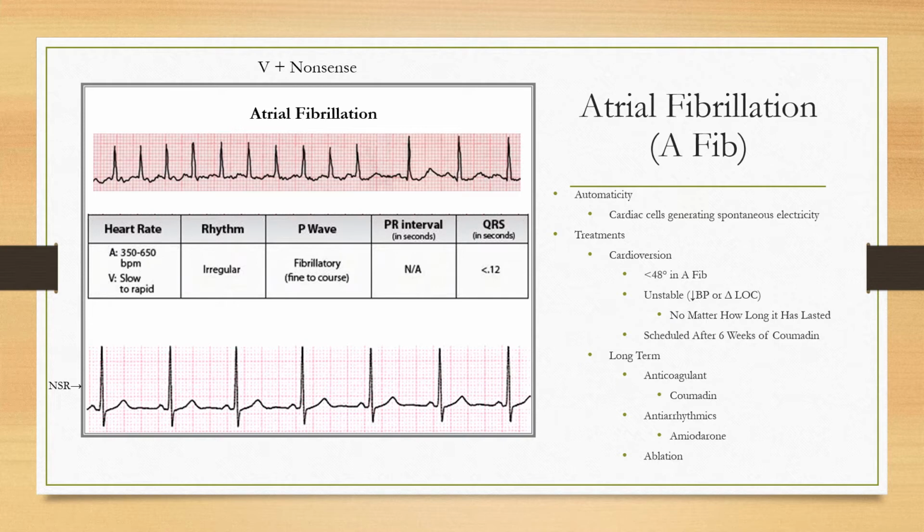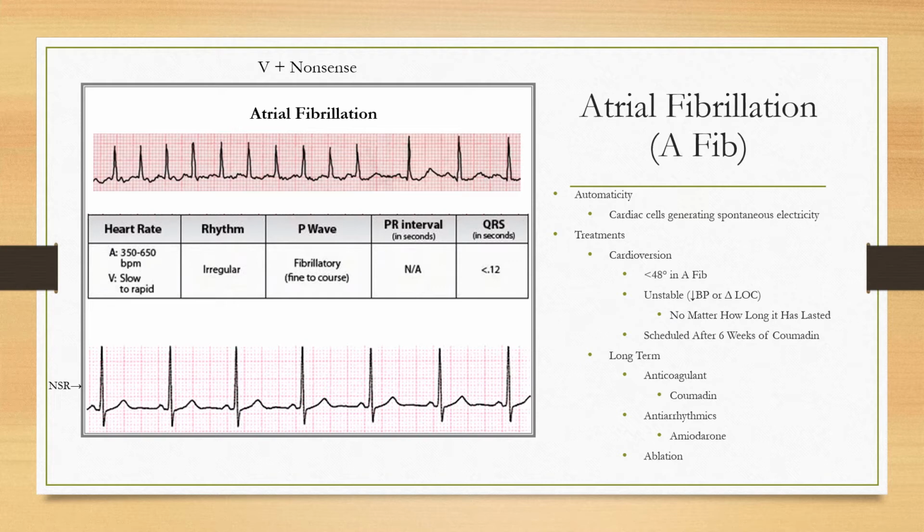Why is the rhythm irregular? Well, the atrium might be firing, so depolarizing, at 300, 400, 500 per minute, but that's not your heart rate. Remember, your heart rate is coming from your QRS. So what's deciding the heart rate is the AV node.